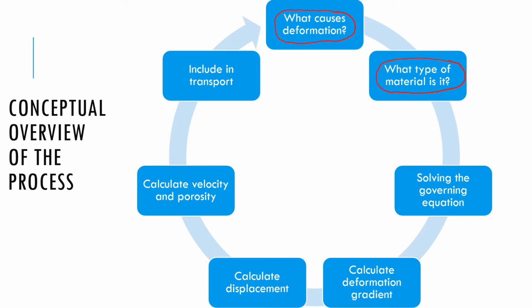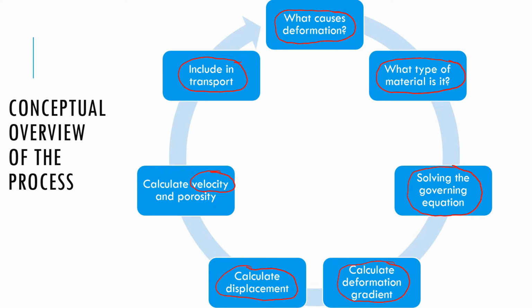So this material model and the driving force are combined with the governing equation for solid mechanics, and we solve that to get what's called the deformation gradient, from which we can calculate displacement of the solid. So the displacement of the solid, from which we can get velocity of the solid, and this velocity of solid gets included in the transport equation.